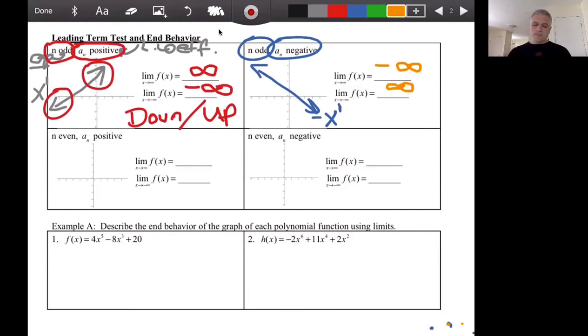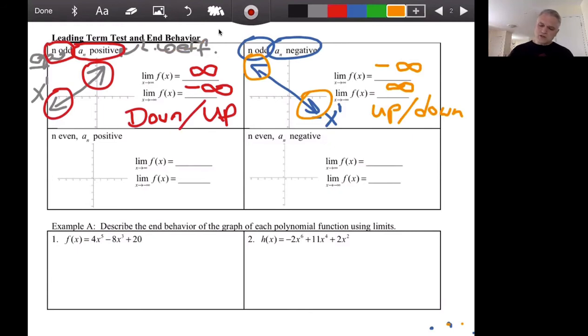So if you have an odd degree polynomial with a negative leading coefficient, then you have, from left to right, what we call an up-down graph. It starts up at infinity and it ends going down to negative infinity. What happens in between, we don't know. This is just the end behavior. This is how it behaves at the left end and the right end.